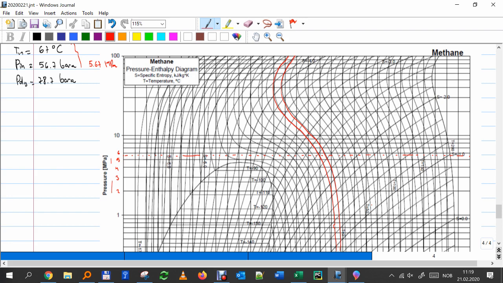So let's see the temperature 67. Where is that temperature? Here we have 50, here we have 60, 70, 80, 90, and 100. So 67 will be someplace here. This will be my T inlet.